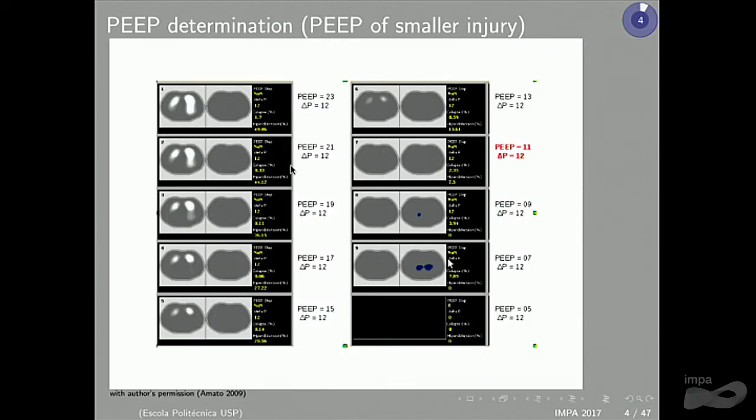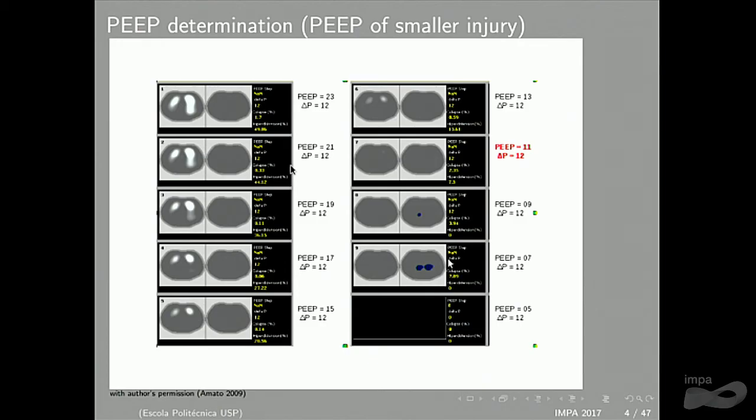At this moment, medical doctors were using EIT to develop a protocol. And this protocol has two columns. The column on the left shows in white the regions of the lung that we estimate are over-distended.